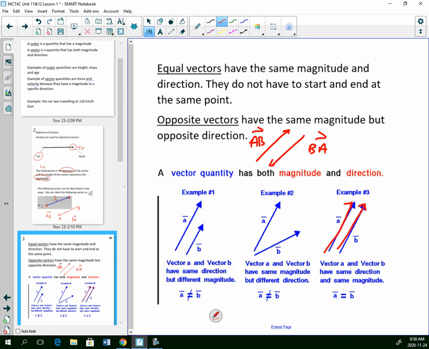They have the same length, but they're going in the opposite direction. Here are some examples. This A and B have the same direction but different magnitudes. You can see that they're parallel, but they're different lengths. These two, A and B, have the same magnitude, so the same length, but they go in different directions. And in example 3, they have the same direction and the same magnitude or length.